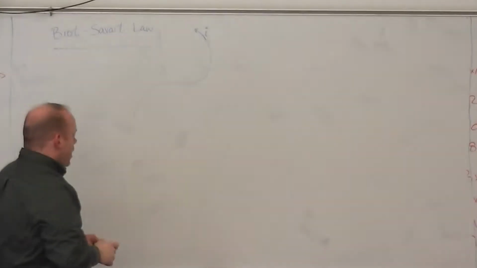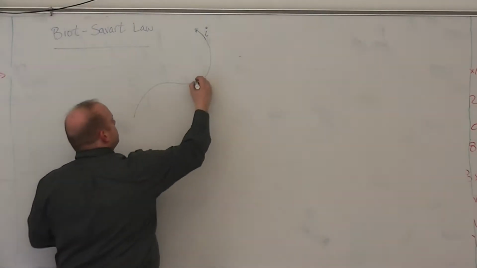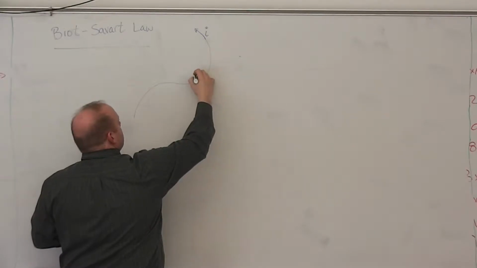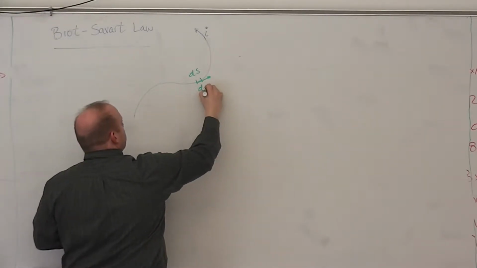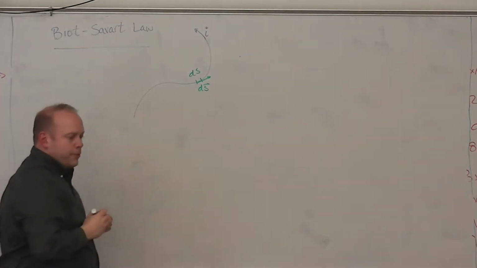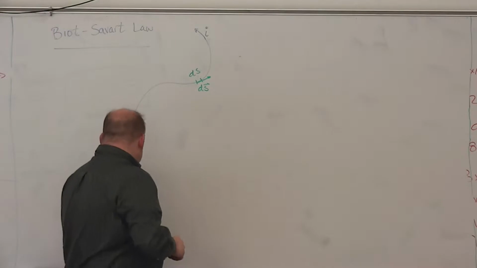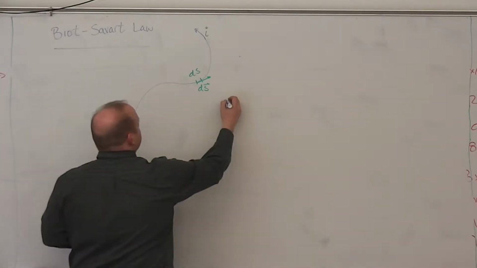So I look at a little section of that current. Let's just say right here. I'm going to call this ds. Now I'm going to give ds direction in the direction of the current. So my ds as a vector looks like that. It's going to point in the direction of the current. And I have some point over here.